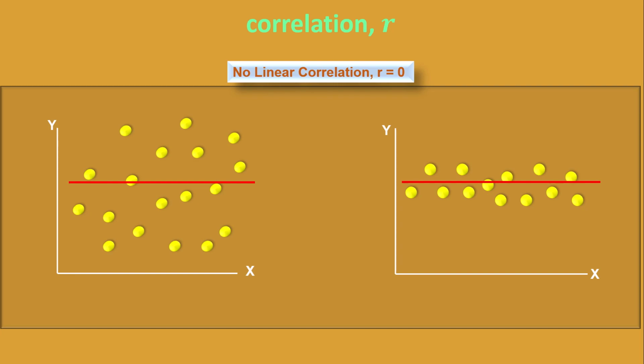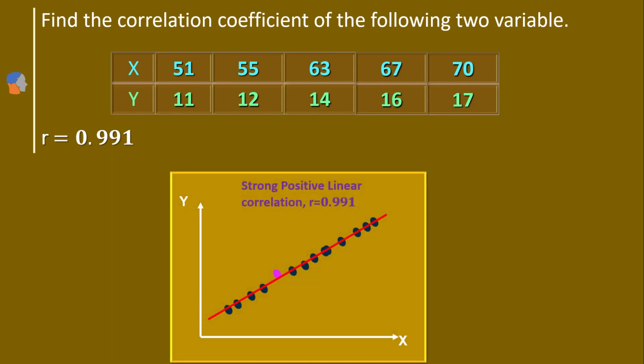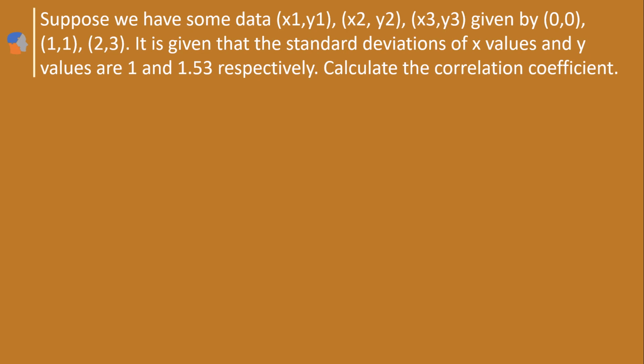Now let me explain another example. Find the correlation coefficient of the following two variables. Yes, we discussed this example before. So r was 0.991. Therefore, we can say it has a positive linear relationship and a very strong linear relationship. Suppose we have some data.